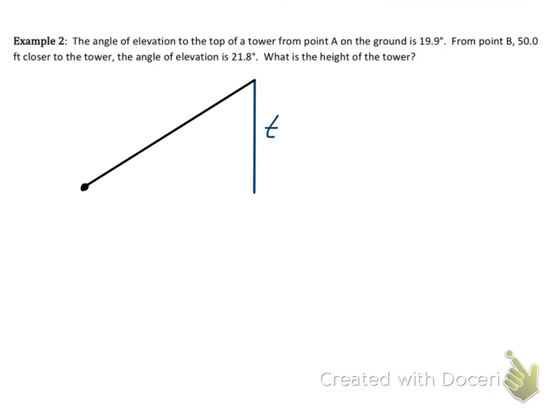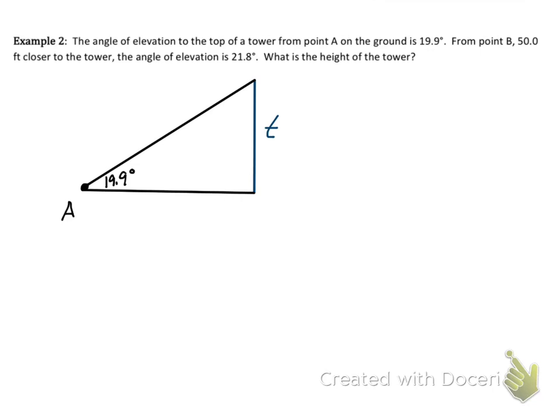If I look straight up at the tower, let's label that A, it is going to be 19.9 degrees. Well, I can't solve anything from that yet. So we're going to continue on.